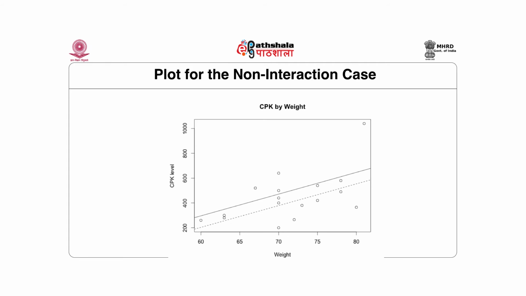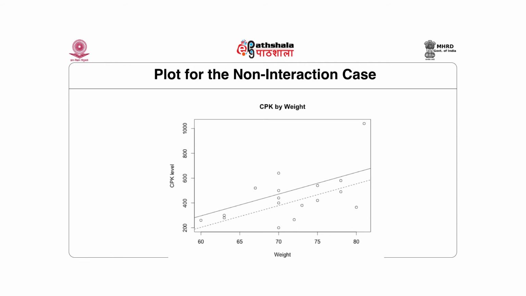But if we put age in there as well in a linear model, then the intercept went down further because it was deducted by something like 92. And age, at 1, had a very similar relationship of weight with the CPK.